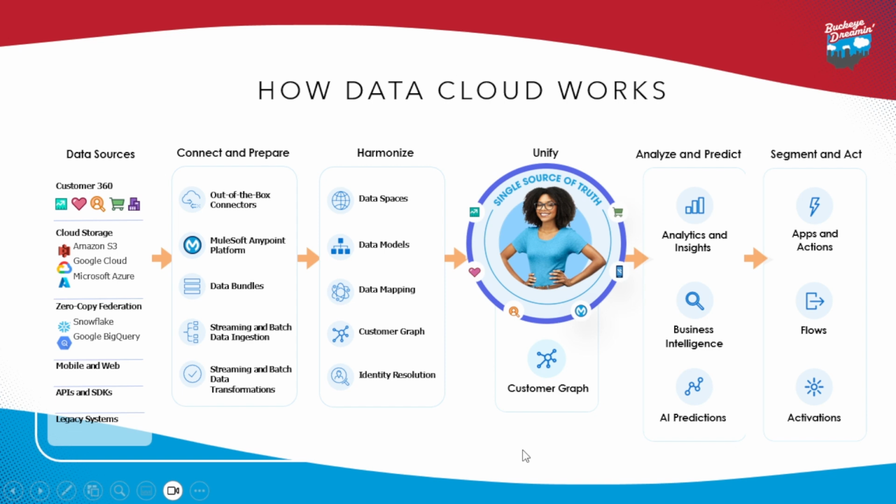But the reason why I don't know if I like the concept of single source of truth is because you might have multiple identities of a person sometimes, and that person might have different relationships with different sources of data. But the most important thing is that Data Cloud allows you to harmonize and understand that data better.